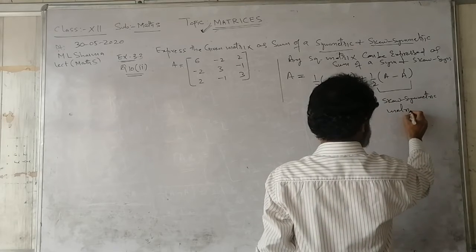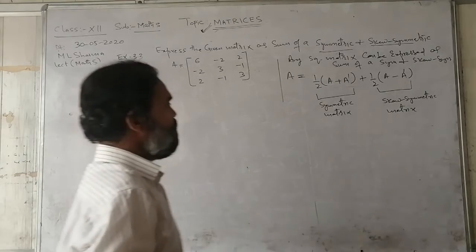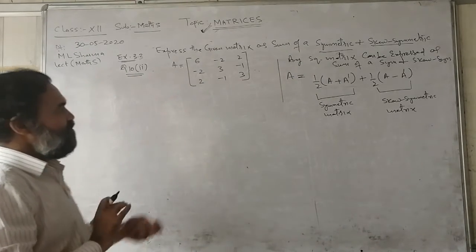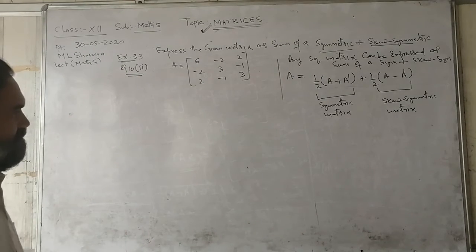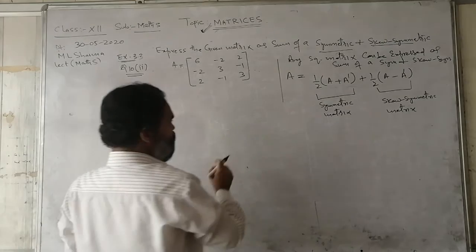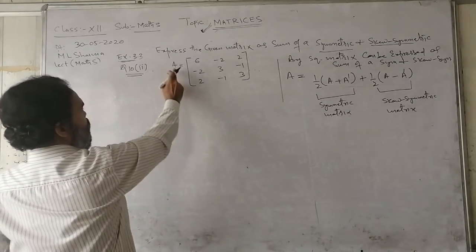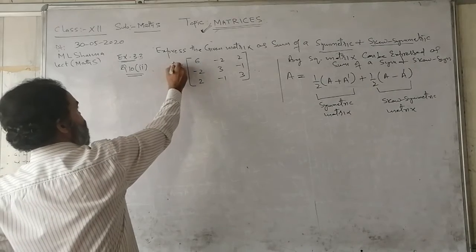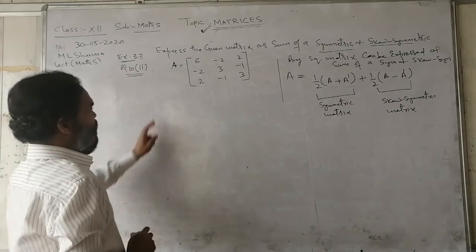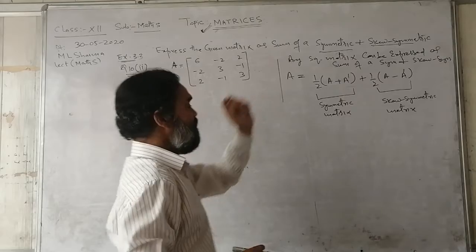So this I have to prove. This result I have to prove from the given matrix. So I have the value of A matrix. So first I will have to find the A transpose.